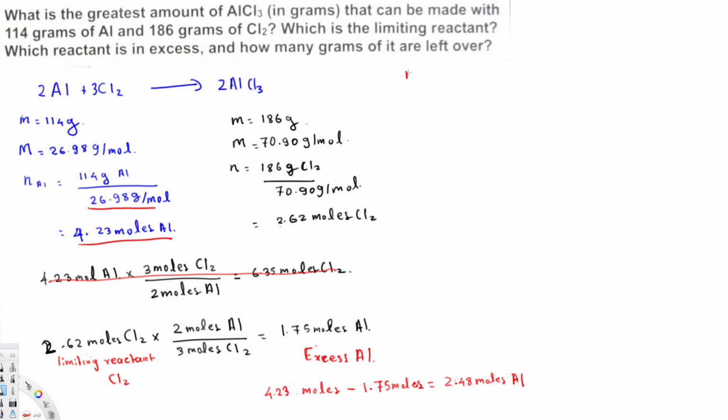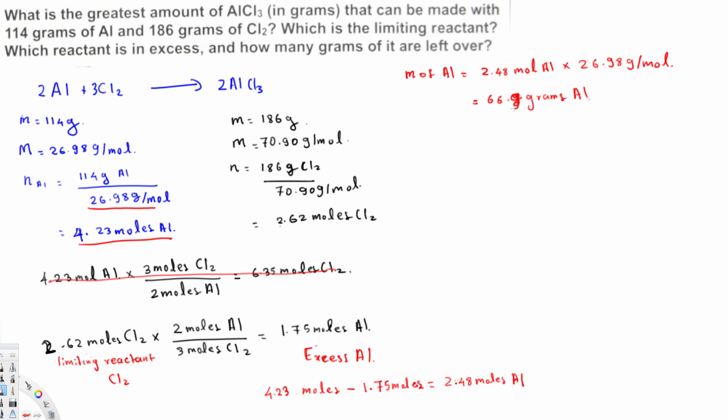So to find the mass of the aluminium, you simply multiply these two. So 2.48 moles of aluminium multiplied by 26.98 grams per mole, and if you multiply this, you will get 66.9 grams of aluminum. So this is the aluminum in grams that is left over, right?